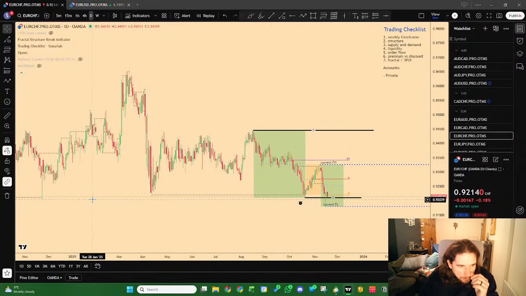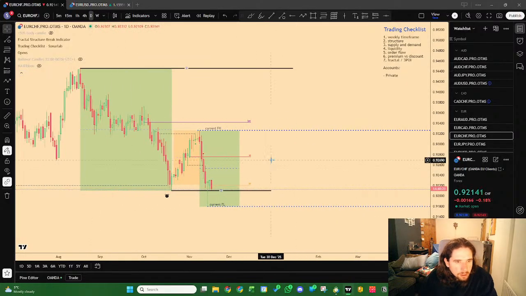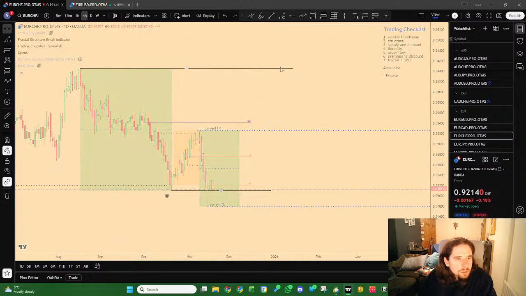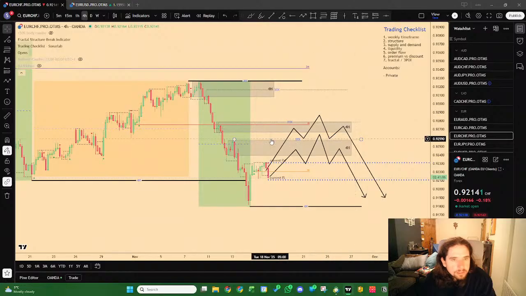Again, even on here, we haven't really taken it. So what we could be seeing now is a reversal. The trend is still down, but we're expecting a reversal to happen. So we'll see.